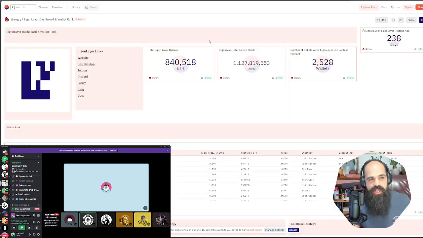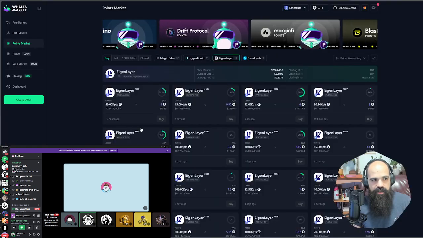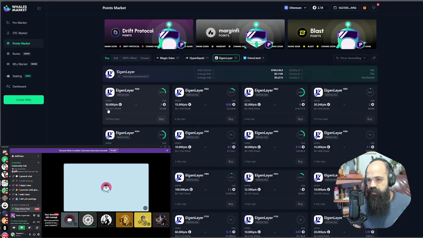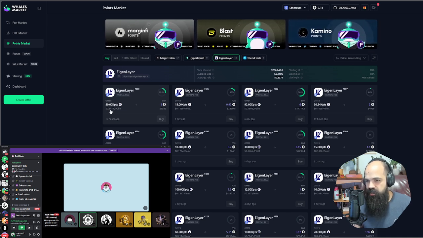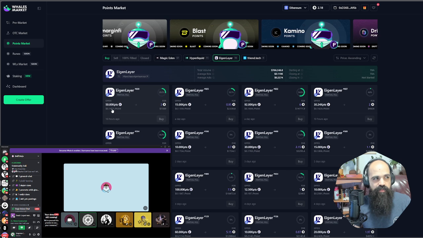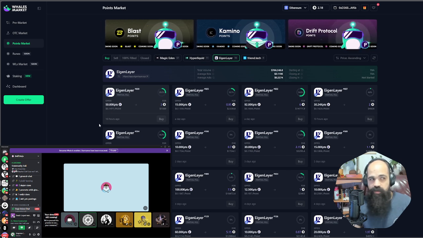So we have at this point roughly 1.127 billion points for EigenLayer distributed, which seems like a lot of points. But when you look at Whale Market and price them at like 14 cents per point, it's a remarkably low level of incentivization considering how big people anticipate EigenLayer to be.